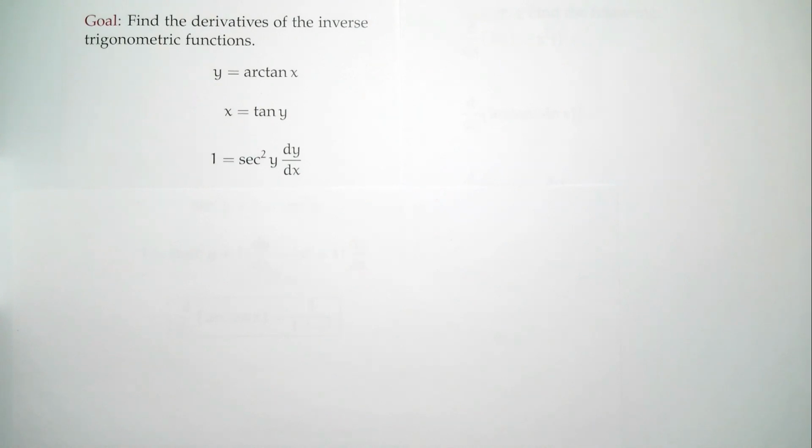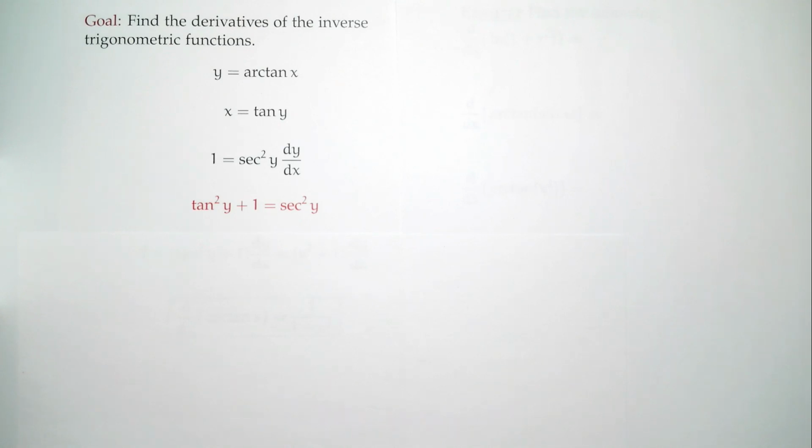Is there any identity that relates secant and tangent together? Tangent squared of y plus 1 equals secant squared of y. This is one of the Pythagorean identities, and in fact, it comes directly from the Pythagorean theorem.